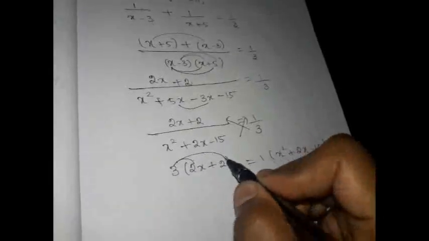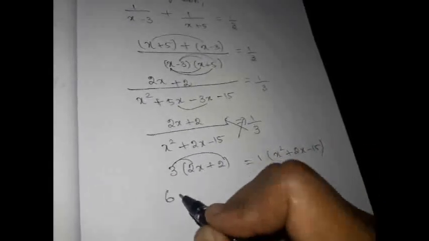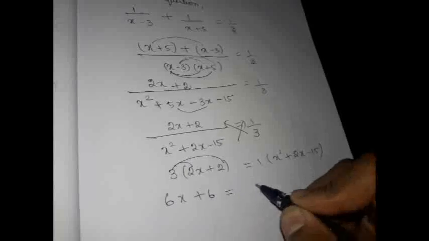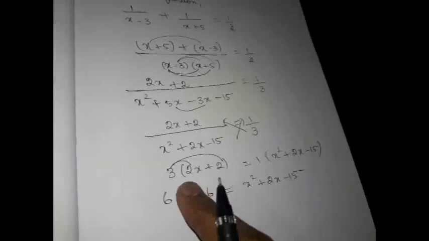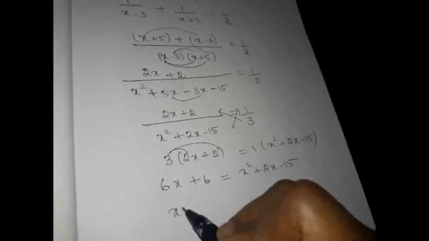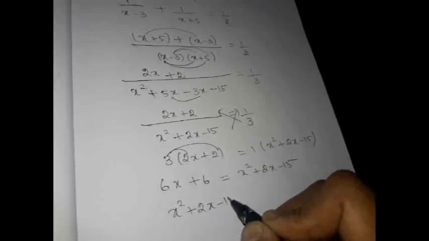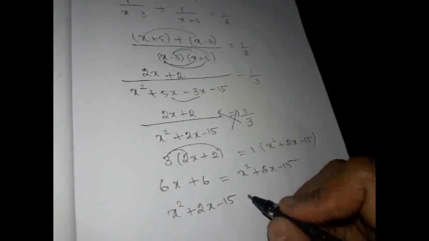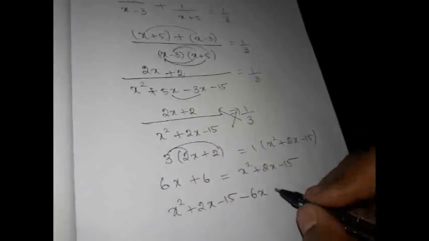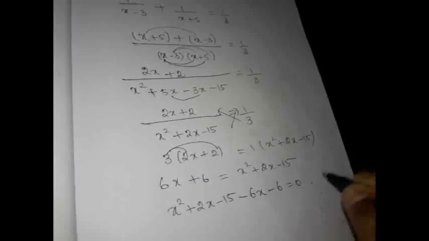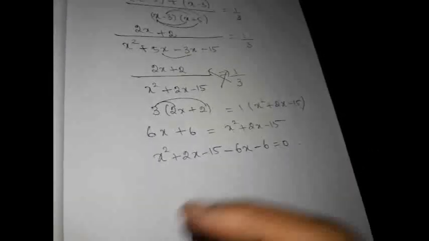You have to multiply term by term, don't forget. So 6x plus 3 2s are 6, which is equal to x square plus 2x minus 15. So bring all these terms to the other side. x square plus 2x minus 15, plus 6x, if I bring it to the other side it will become minus 6x, plus 6, if you bring it to the other side it will become minus 6, equal to 0, right?